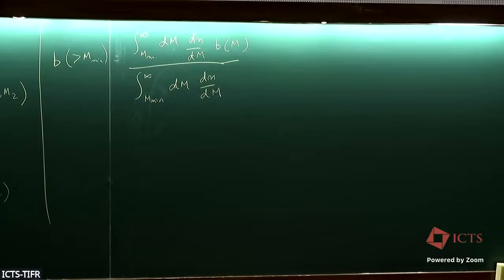So just by looking at this, it's clear that when mass increases, the bias increases, and hence the 2-point correlation function will also increase. That is telling you that high mass halos are more clustered than low mass halos.